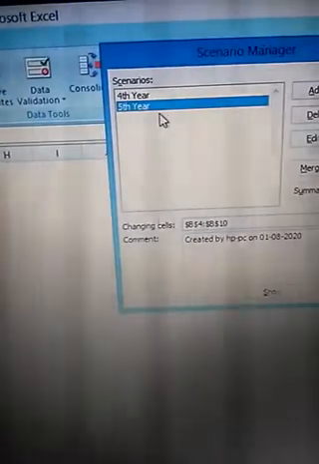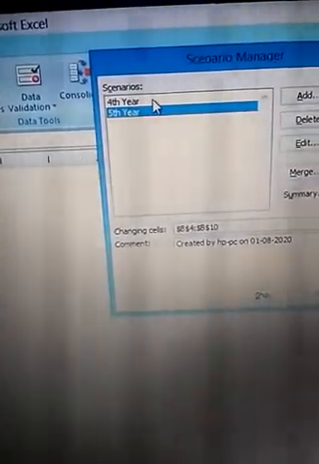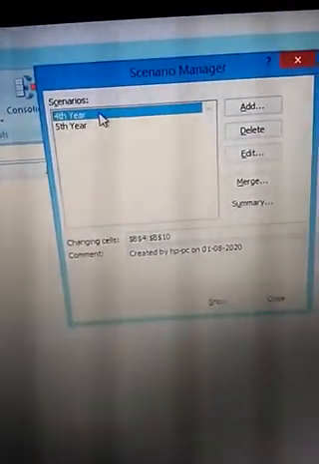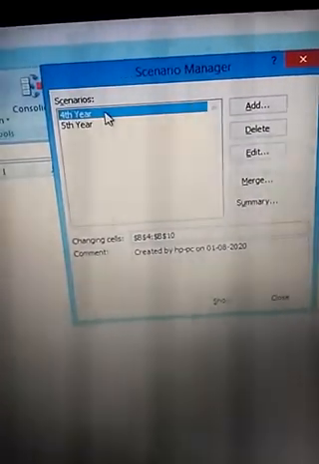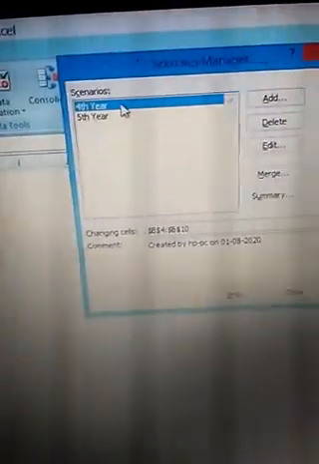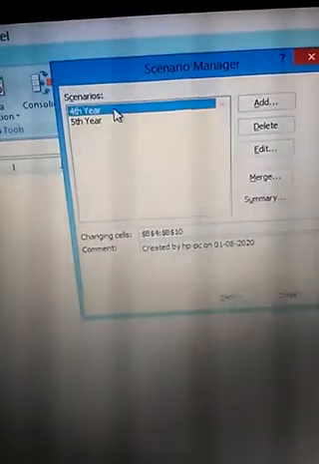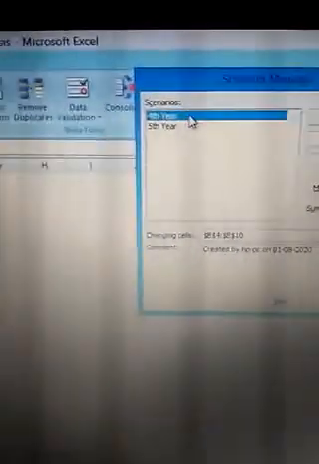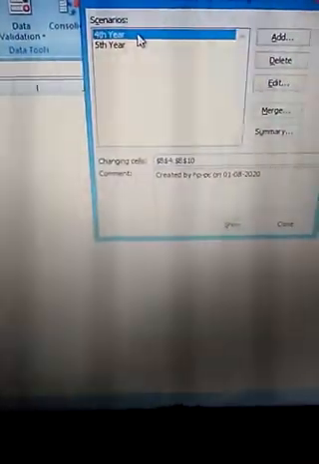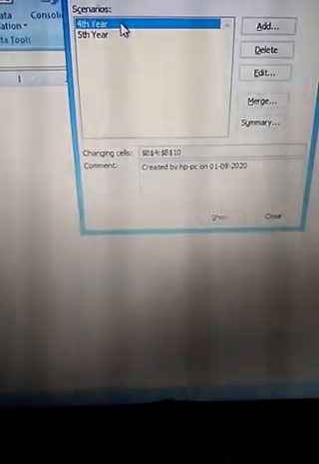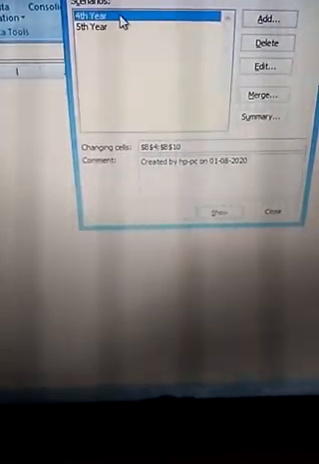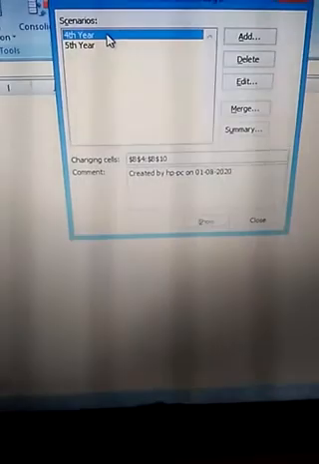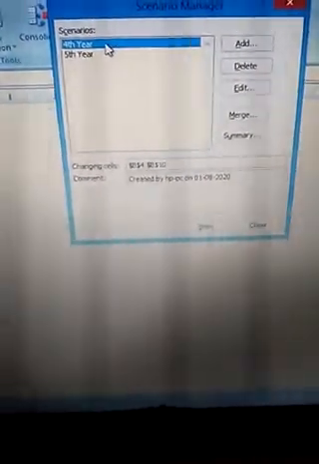So we will click on Scenario Manager, and here I have made two scenarios. If you want to delete those two scenarios, you can. I will start with the first one, a new scenario. I will make a new scenario.